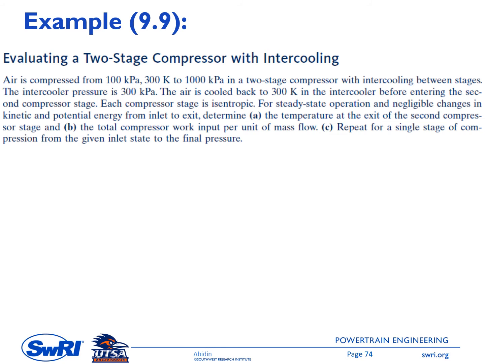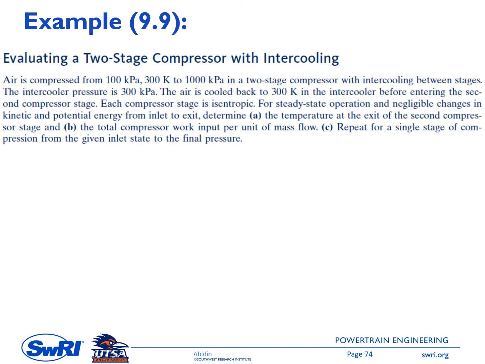Let's take a look at this example. We will evaluate a two-stage compression with intercooling, and let's see whether it will be combined with a regenerator. Let's read this example statement. Air is compressed from 100 kilopascal, 300 Kelvin.